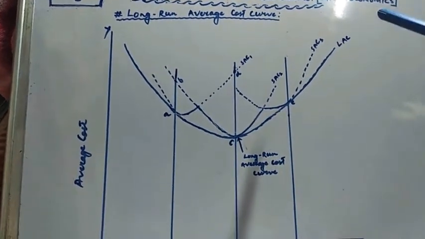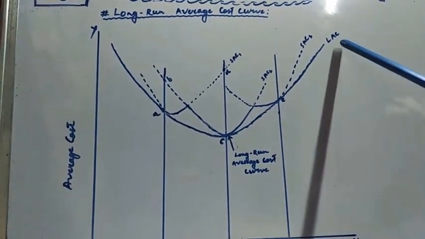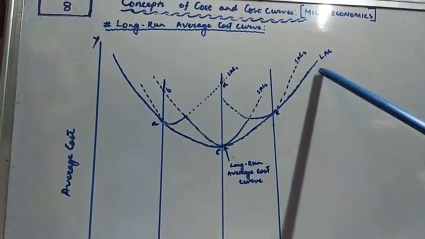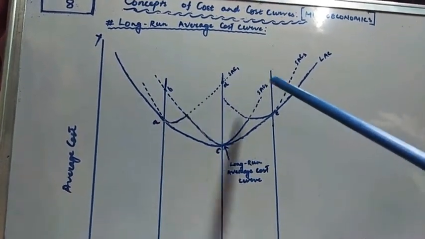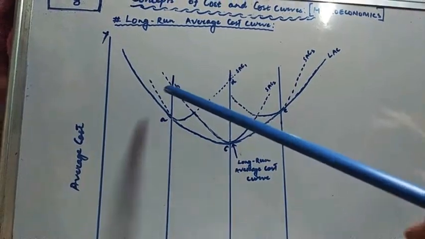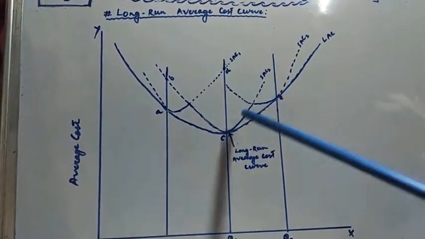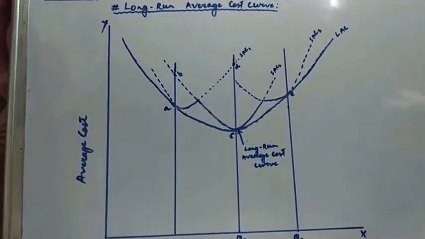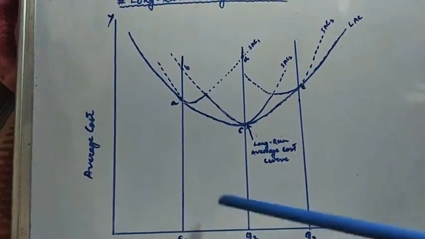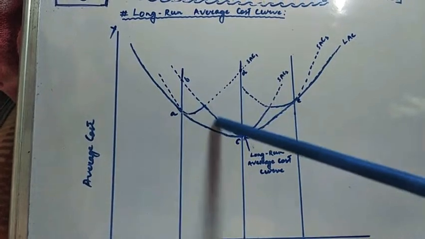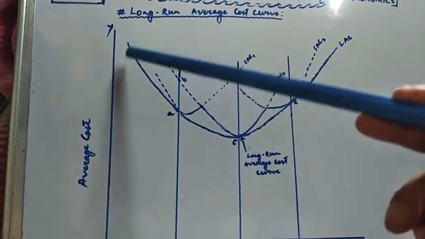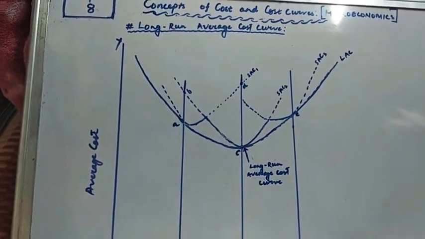That is why we are deriving the long run average cost curve from the short run average cost curve. So if there are only 3 plant sizes available for a firm to choose, then the solid scallop portion of the short run average cost curves will represent the long run average cost curve.